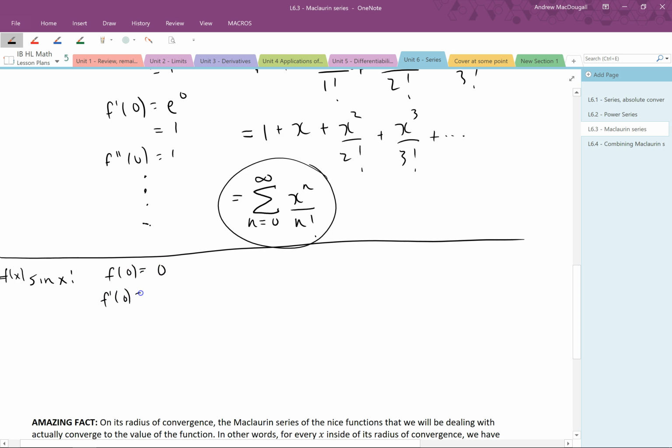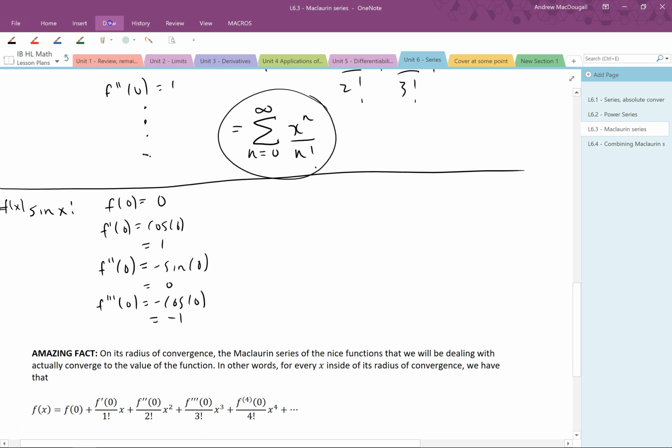F prime of 0 is cosine of 0, which is 1. F double prime of 0, the derivative of cosine is negative sine, and that is 0. F triple prime of 0 is negative cosine of 0, which is negative 1. Now let's keep going until we really get a good handle on this pattern.